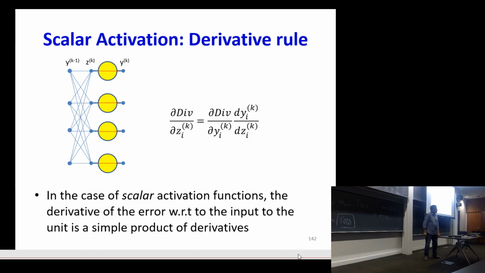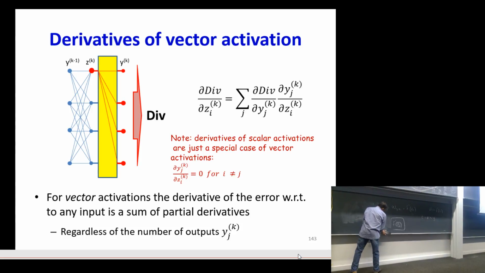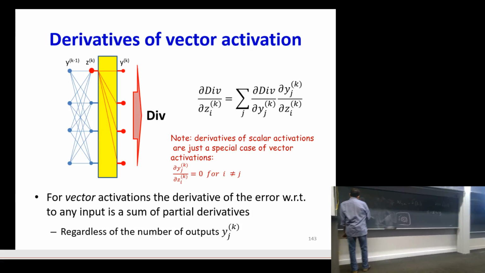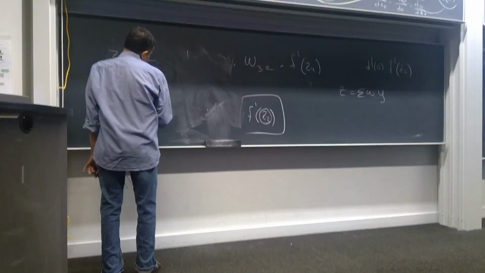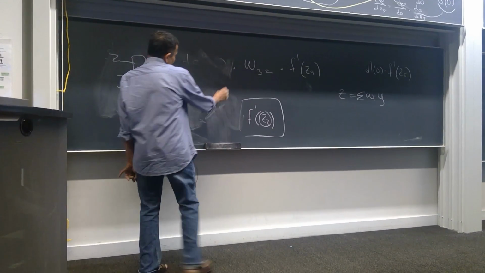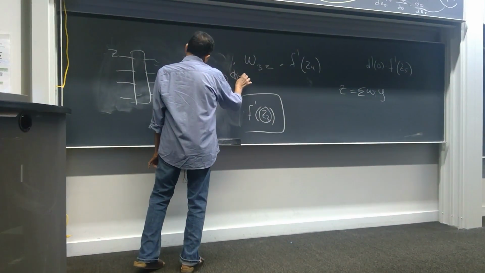If I've got a vector function, now the influence is much more complicated, right? Because, what you've got over here, I should have been a little more explicit in my figure, is that I have a vector function, I have all of these z's going in, and I have some bunch of y's going out, and then I have a final error, or this is my divergence, right?